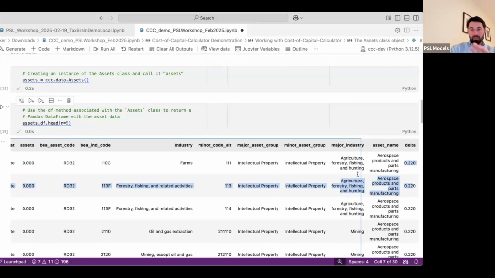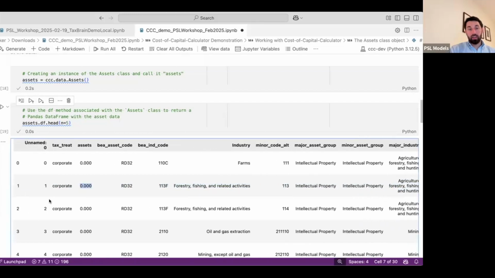And those are the key things. There's also some other industry labels and so on that can be useful for helping understand what's in each category if you don't memorize the BEA codes. But the key ingredients here in this assets class object are those economic depreciation rates and the amount of assets that are in that asset category by tax treatment, by industry.